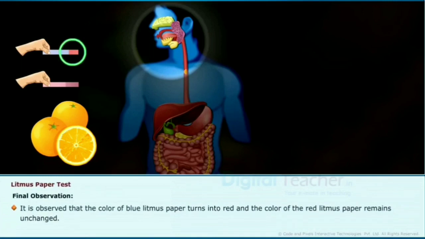It is observed that the color of blue litmus paper turns into red and the color of the red litmus paper remains unchanged.